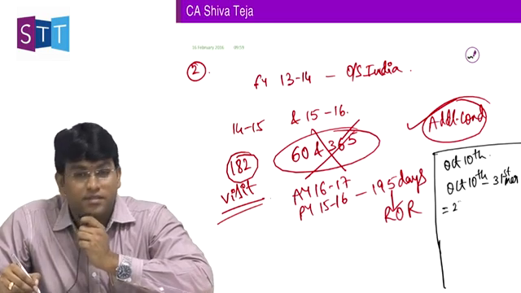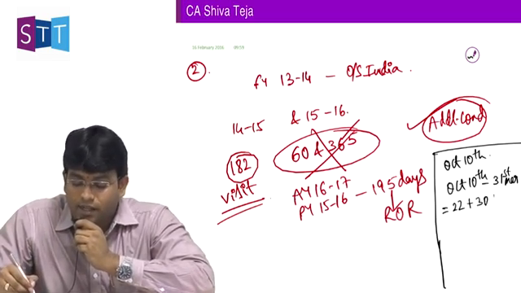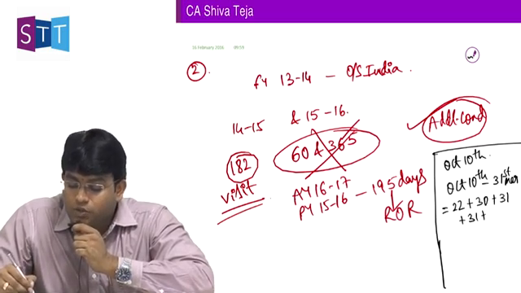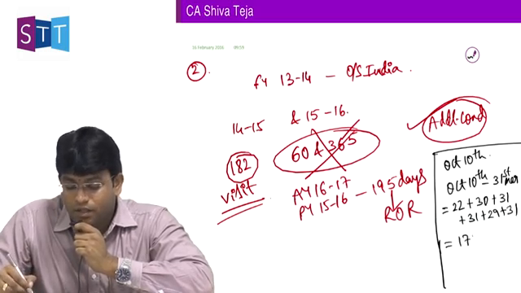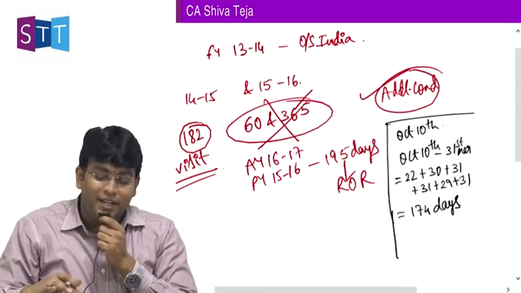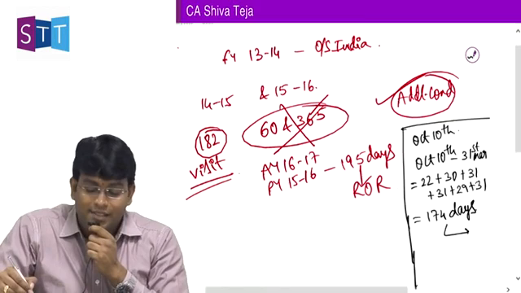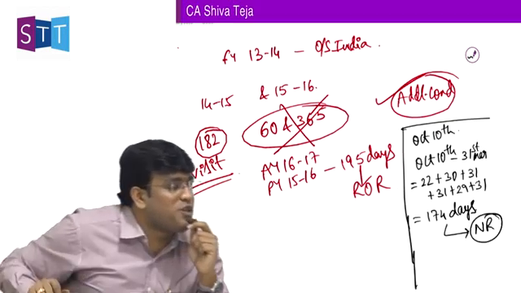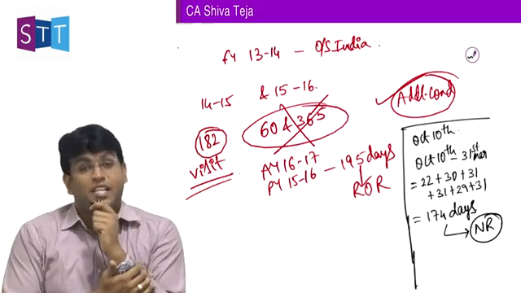October 22 days. November 30. December 31. January 31. February 29. March 31. 174 days. The moment we say it is 174 days, he cannot satisfy the basic condition. The answer becomes non-resident. Can a student tell me, sir, is 60 and 365 satisfied?